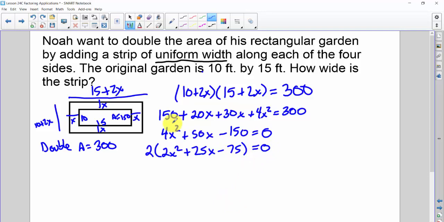The only thing I really have to factor now is this, so I'm going to use my x method. AC is going to equal negative 150, and B is equal to 25. Then I have to find two things that multiply to negative 150 and add or subtract to 25.